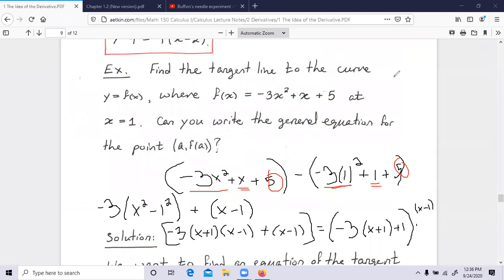Good. So now when I divide, I'm left with minus 3 times x plus 1. If you want to, you can simplify it, but no point, right? So the answer is, let me erase this.